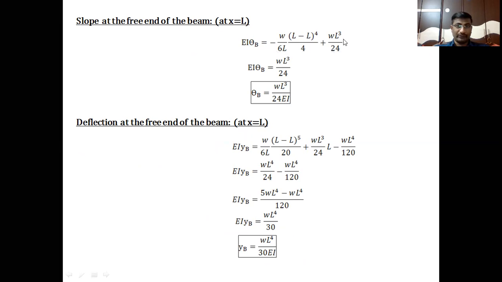This term is 0, so theta B equals WL cube by 24 EI. This is the formula to calculate the slope at the free end for the UVL load.